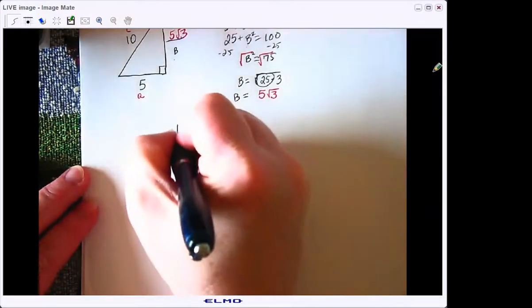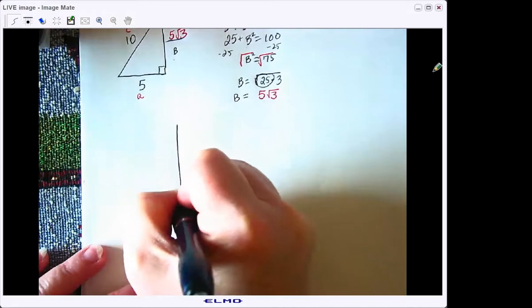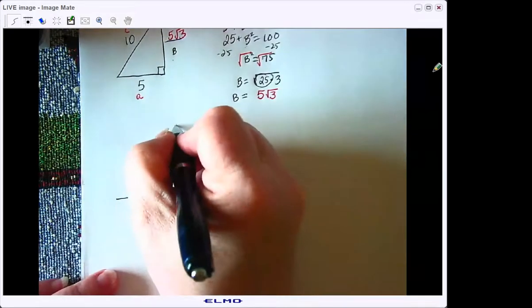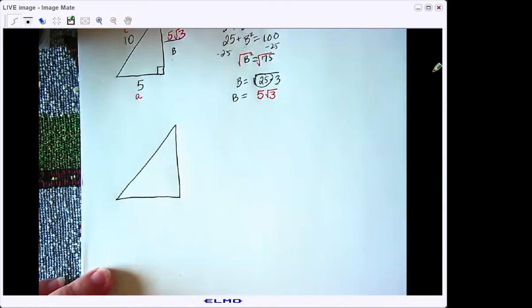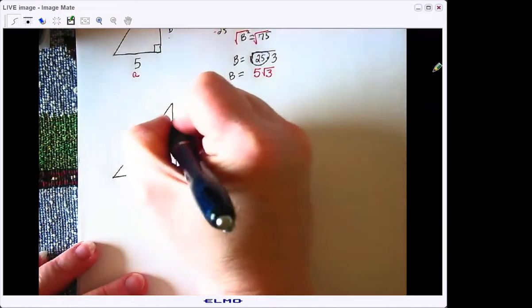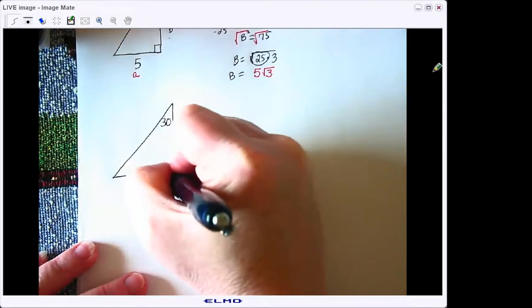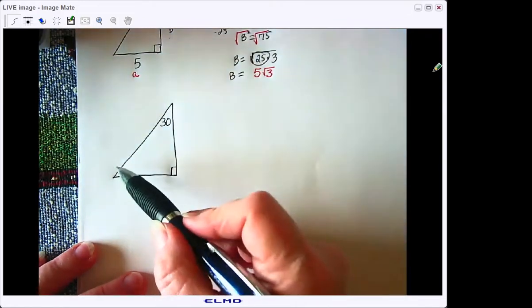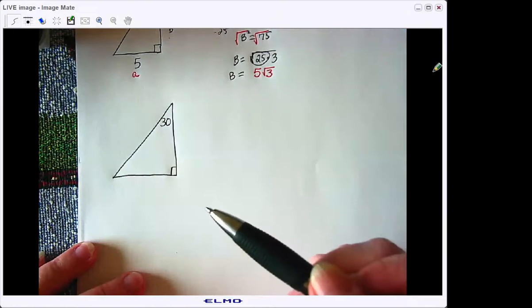We're going to draw a triangle. Remember, we have a 30, 60, 90 triangle. Well, I'm going to tell you that this is the 30, which would obviously make that the 60, because that's the 90.